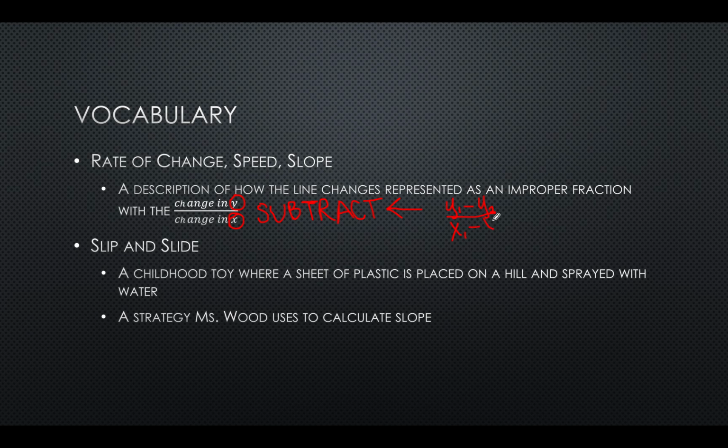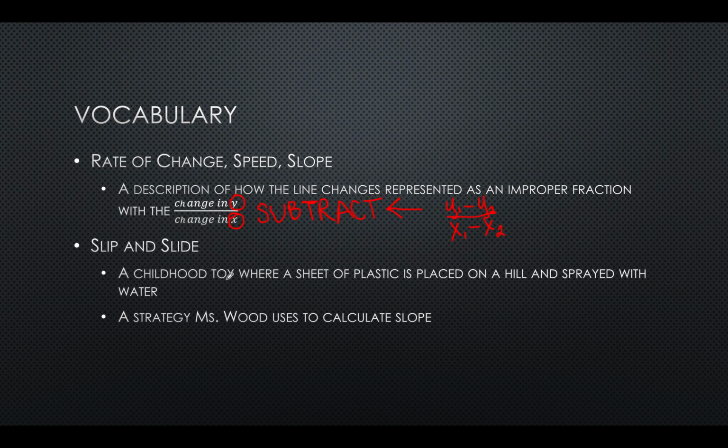They would label them incorrectly, not figure out which one goes where. It just becomes a hot mess. Found the strategy of slip and slide, and it has worked fabulously. If you would prefer to do y1 minus y2 over x1 minus x2, you are happy to. The biggest thing is don't drop your negatives and don't forget to subtract.